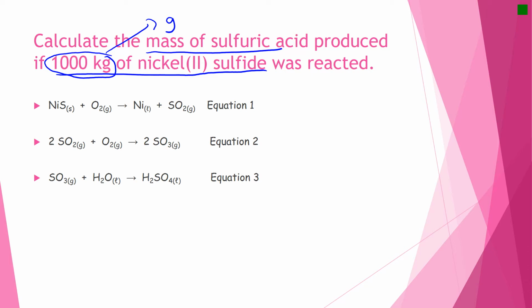But this is going to cause us a few issues because when we want to do our mole-to-mole ratio, we're going to have to find, okay, we've got this as our known and this is our unknown.